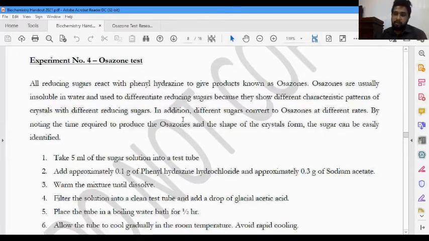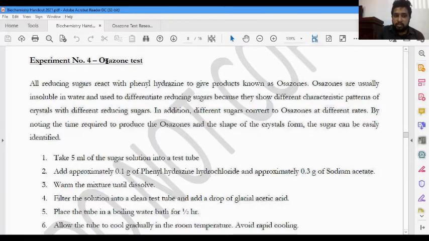It means 100 degrees Celsius. You know the chemical structure of phenylhydrazine, C6H5NHNH2. This phenylhydrazine can react with reducing sugars, particularly the first and second carbons of the reducing sugars.